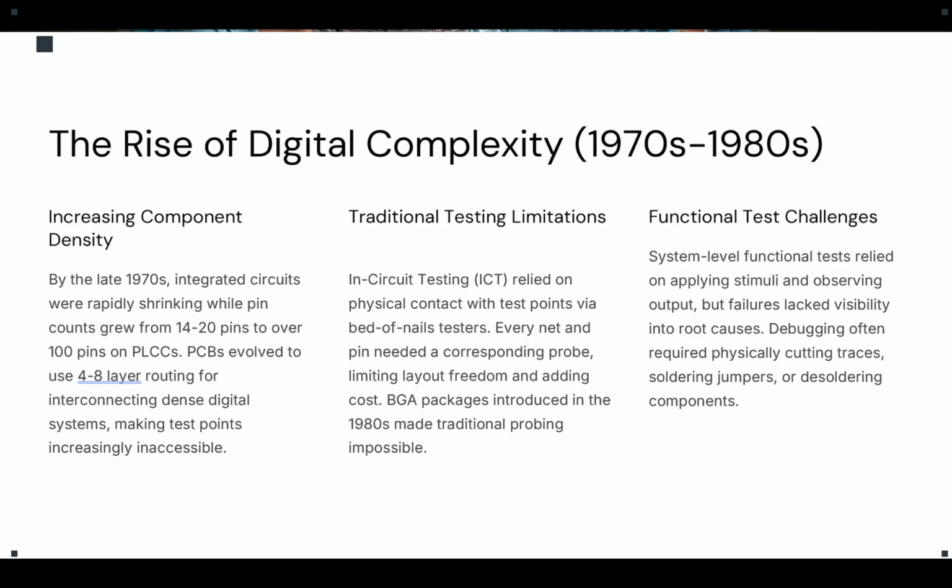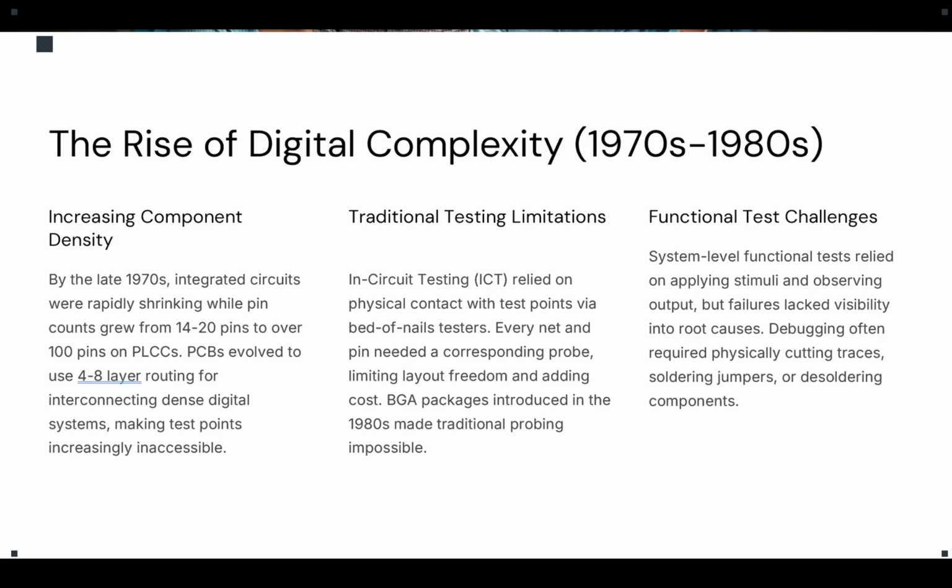All the devices that once used DIP packages with a maximum of 8 to 16 pins became more complex. There were PLCCs and TQFPs and eventually BGA packages adopted for those ICs, and all of them would have hundreds of pins as input and output on their chips.